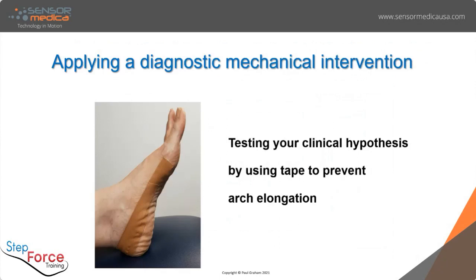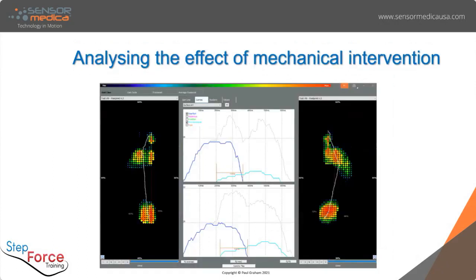So to test our clinical hypothesis that the condition is from the arch elongating repeatedly and therefore re-injuring the plantar soft tissues, I applied sports taping to the foot to stabilize the medial column, preventing it from elongating. We then recorded her gait again and compared the difference.